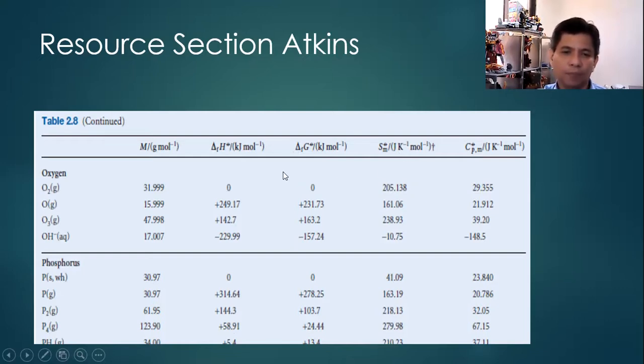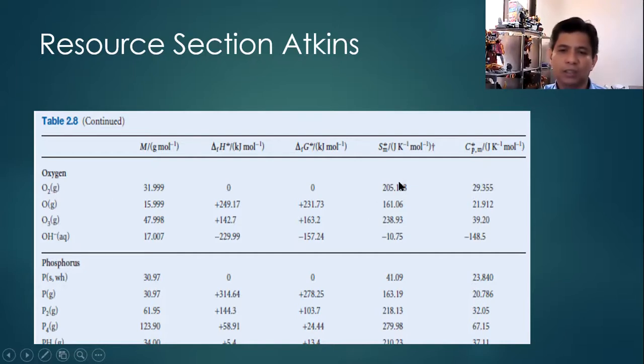As you can see, pag delta H of formation, oxygen gas, zero lang yan. Yun yung ginawa natin last time, nung nag-calculate tayo ng delta H of the reaction. Pag standard form, tapos elemental, zero lamang yung delta H of formation. As you will notice, pag standard molar entropy ng isang substance, kahit oxygen gas, standard form siya, elemental siya, hindi zero.